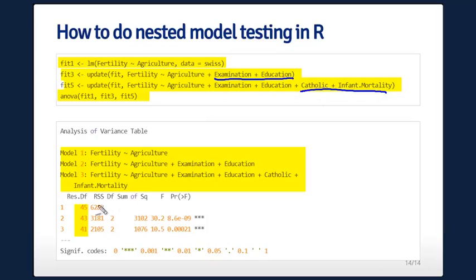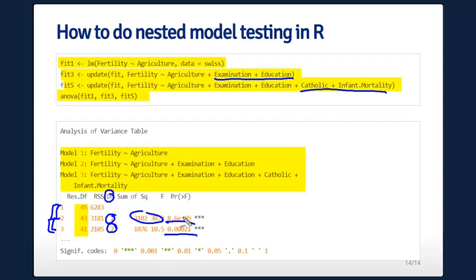So this degrees of freedom is the degrees of freedom for the comparison. So for the comparison between these two models, you have 2 parameters difference. For the comparison between these two models, you have another 2 parameters difference. So this comparison compares it to the previous one. It compares 2 to 1 and then 3 to 2, and that's what that p-value in each case is giving you.